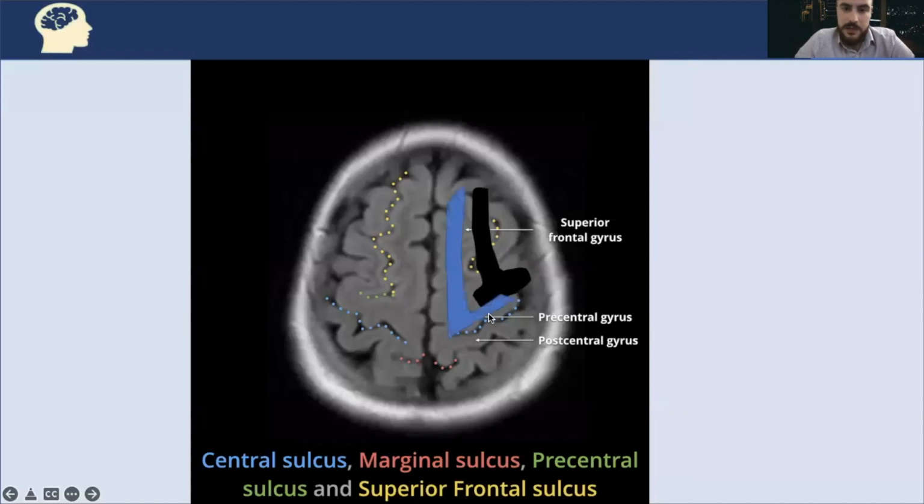Or the L sign, which is the superior frontal gyrus with the precentral gyrus, forming an L sign. This is also an indication that this is the central sulcus. And this is the red part, shown bilaterally on the medial surface, coming superiorly and a little bit laterally. This is the marginal sulcus, which is a continuation of the cingulate sulcus.